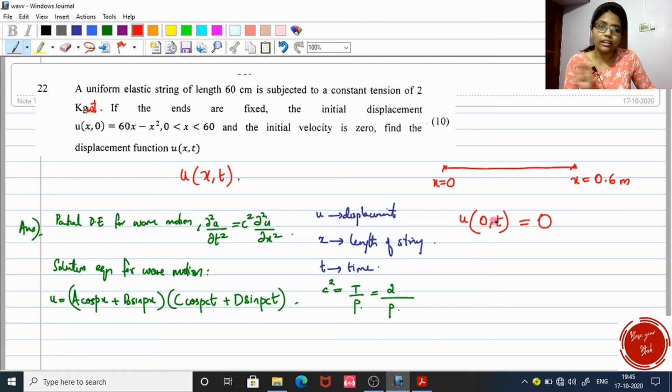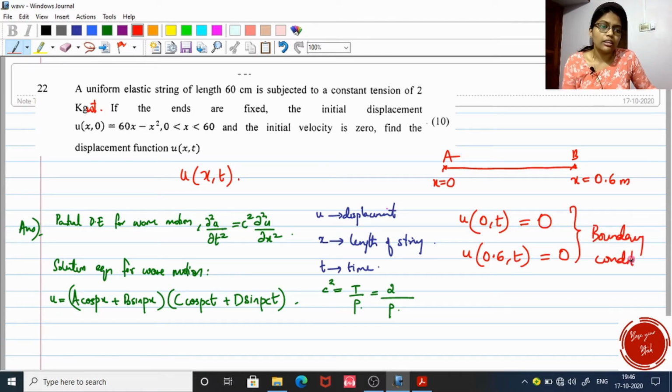And at the final end, x equal to 0.6, here also u of 0.6 comma t, at any point of time, the displacement at the point B is just 0. This is A and this is B.